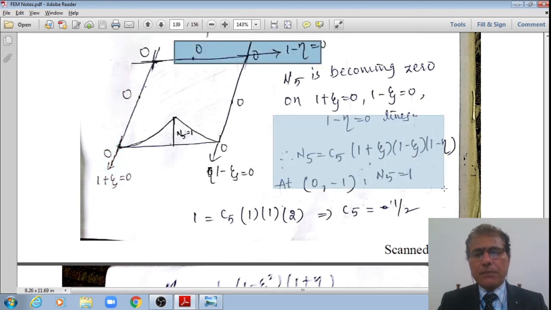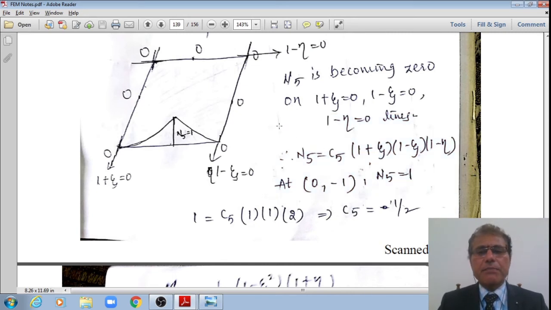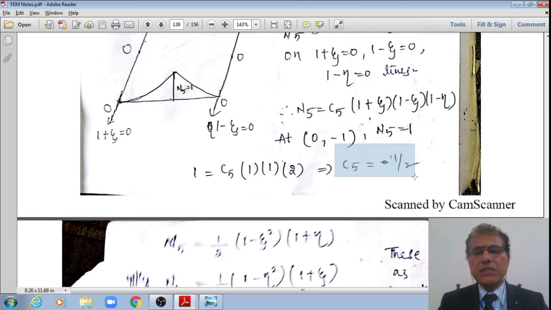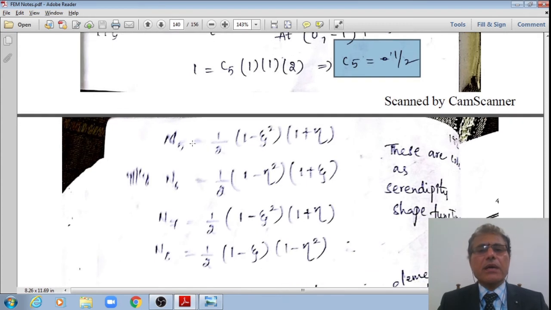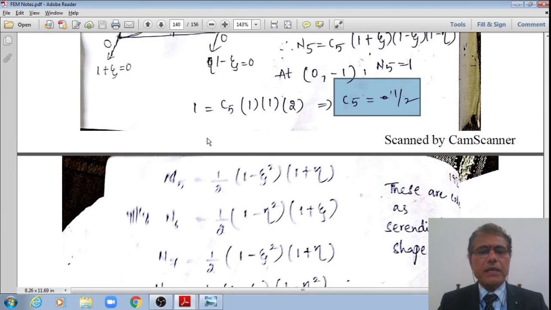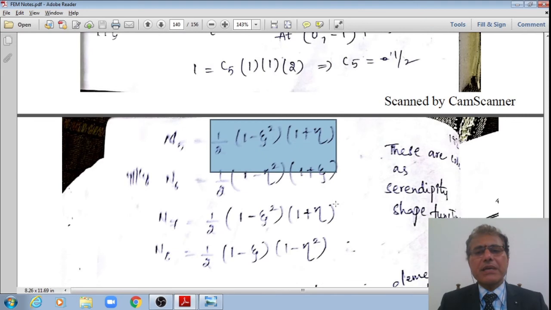Therefore I'll write it as a product of these three lines: 1 plus xi multiplied by 1 minus xi multiplied by 1 minus eta multiplied by C5. Substituting that N5 is equal to 1 at 0, minus 1, then I'll get C5 is equal to half, substituting which now I'll get N5 is equal to half, 1 plus xi multiplied by 1 minus xi. Therefore that gives 1 by 2 multiplied by 1 minus xi square multiplied by 1 plus eta.